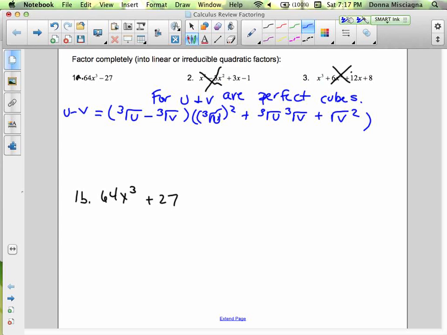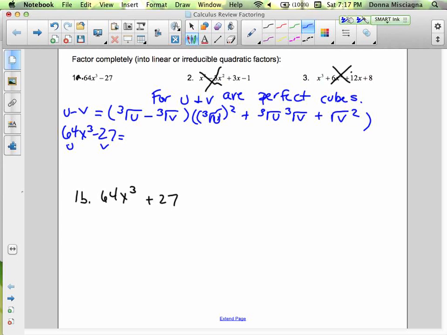Now I'm going to plug those into the formula. So 64x cubed minus 27 is equal to, this part's the u, this part's the v.